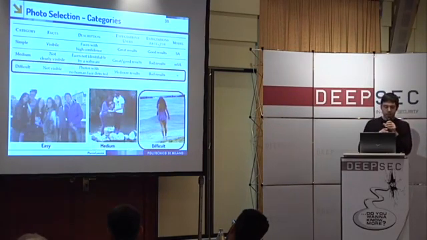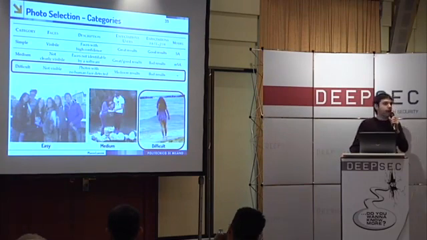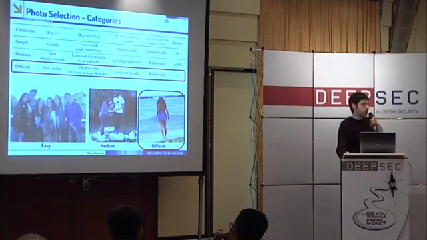And then we proposed also a difficult category in which faces are not present at all. And we wanted to measure how effective people are at recognizing their friends even when their face is not present. Now, in these cases, a human can rely on other factors that a software cannot.